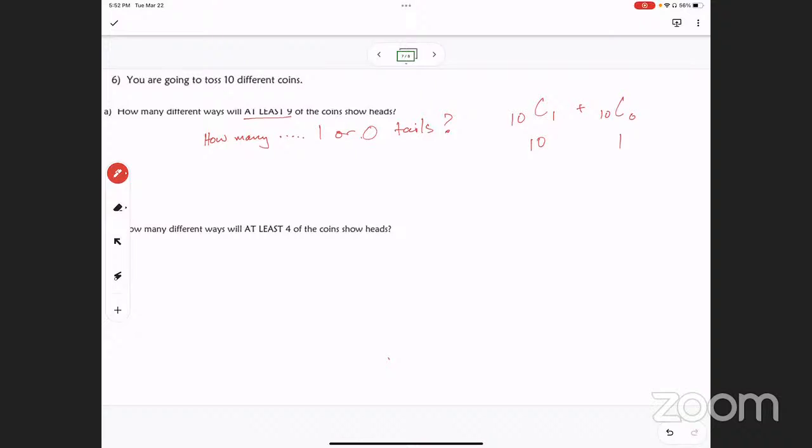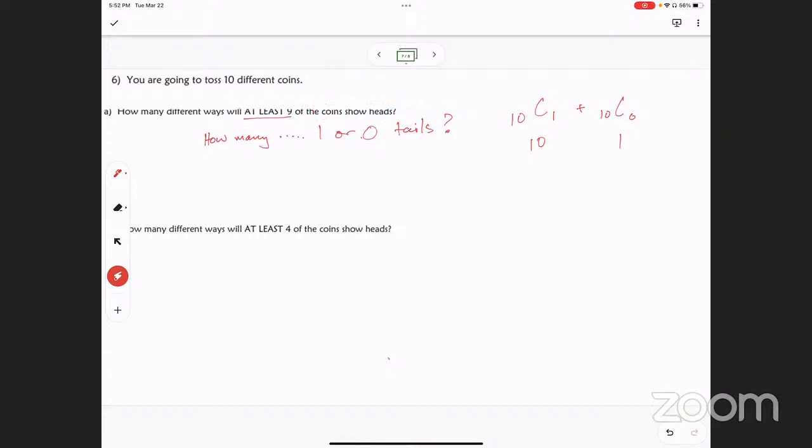So I don't really understand what that means, how you got that. I'm showing you how a lot of times with these problems, when they ask a question, it's easier to ask if there's an easier way to state that question. How many different ways will you get at least 9 coins showing heads?